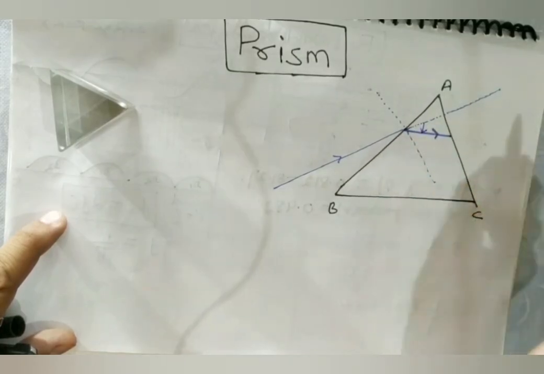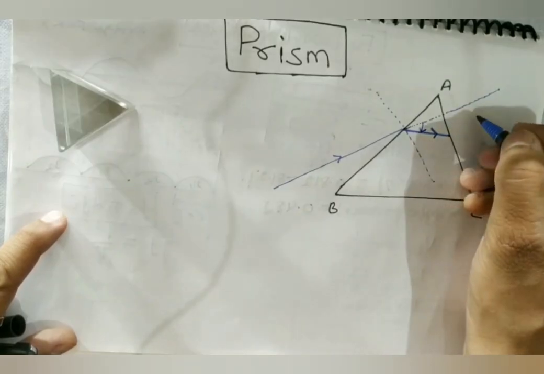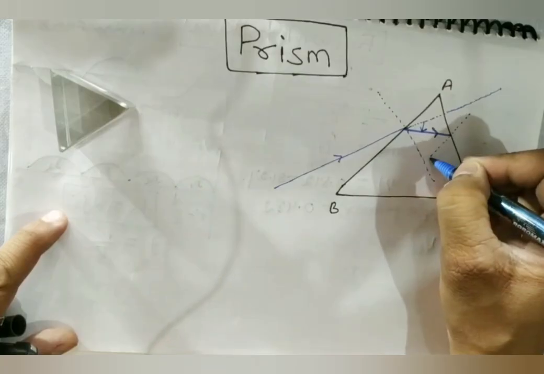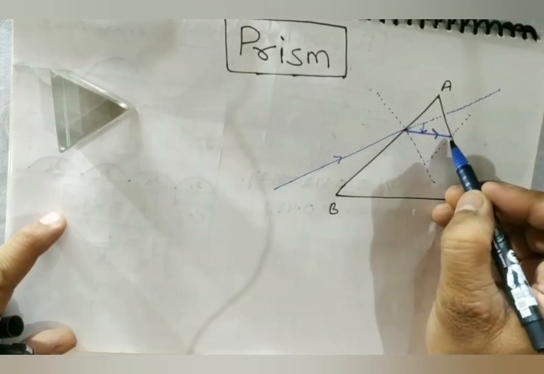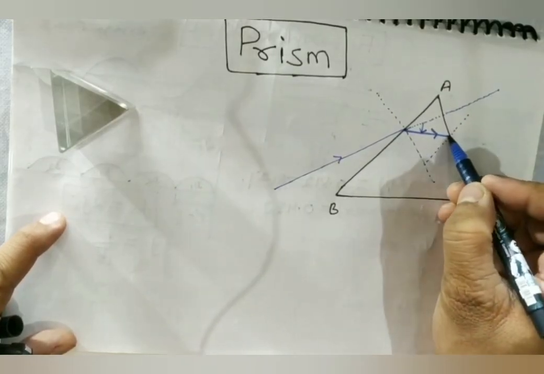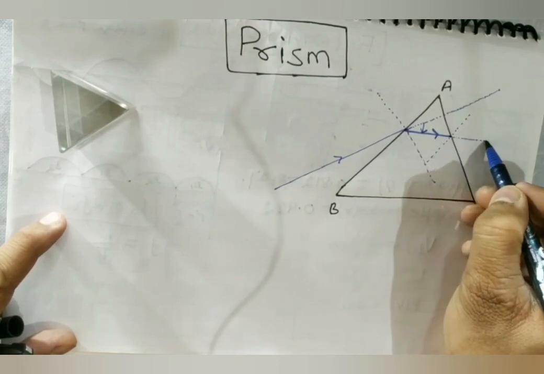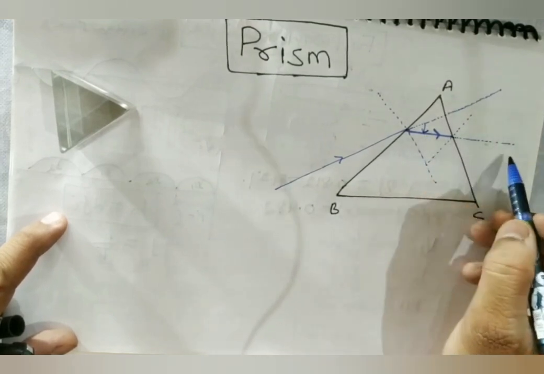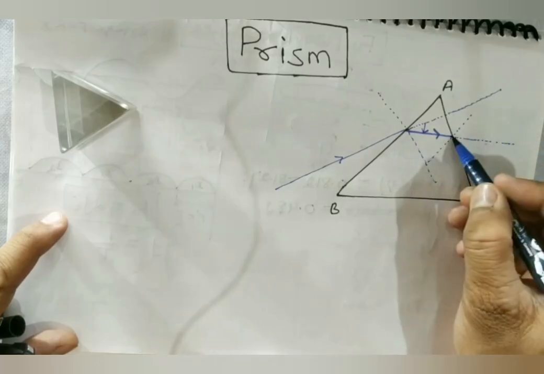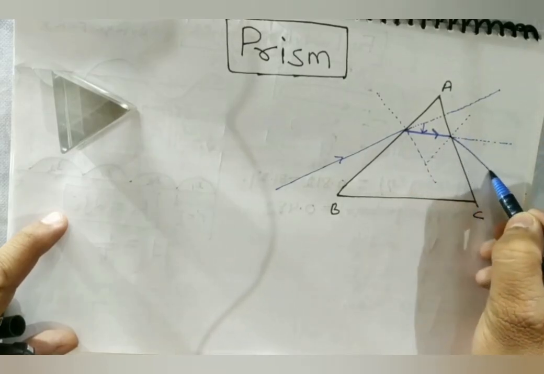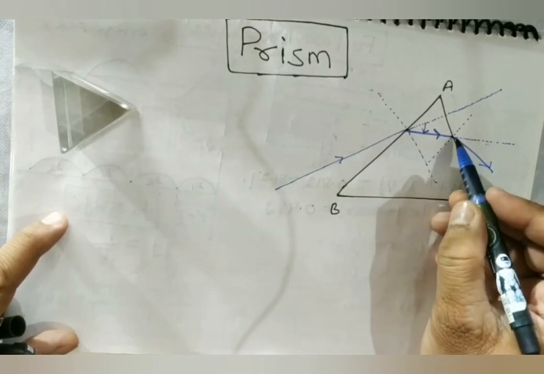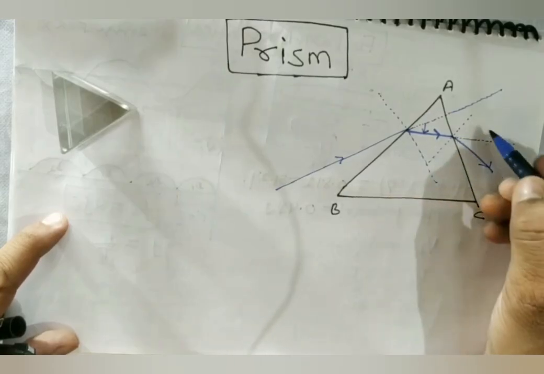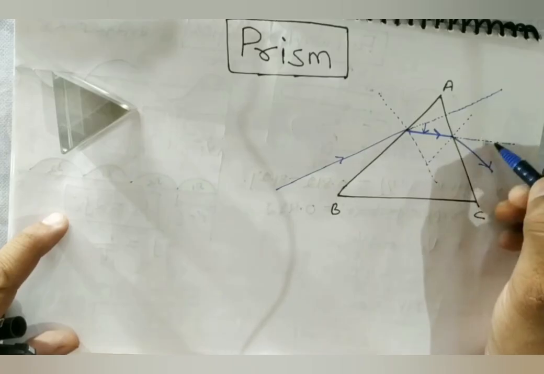Now, at this surface, let us first draw the normal. This is the normal. If there is no medium change, this light must go like this. But because it is going from denser to rarer, it will bend away from the normal. The actual path should be like this, but it bends away from the normal.